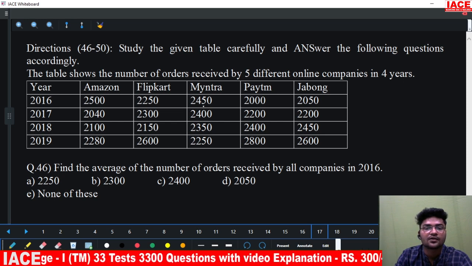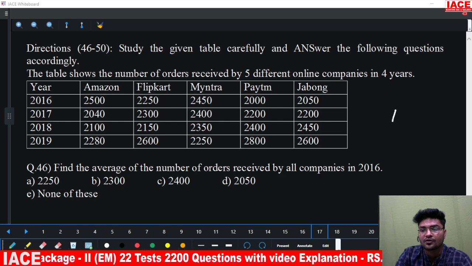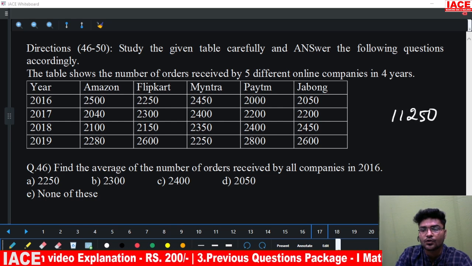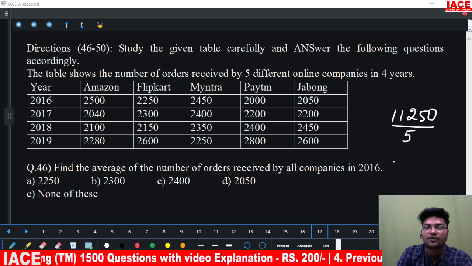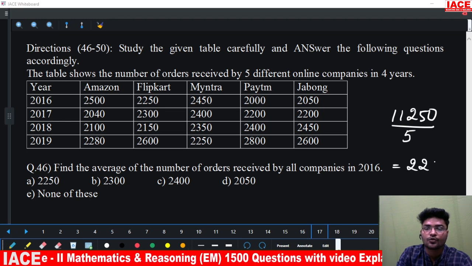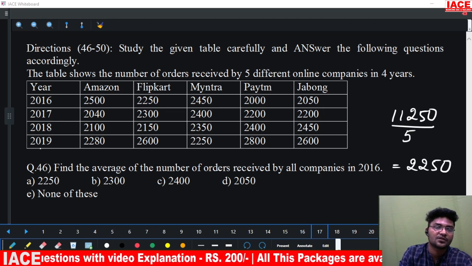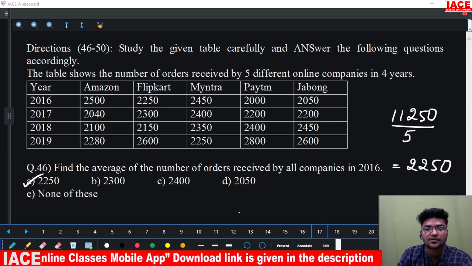This is 700. So this is 11,250. So total comes out to be 11250 divided by 5 companies. 11250 divided by 5 will give us 2250. 2250 means our correct answer will be option A.